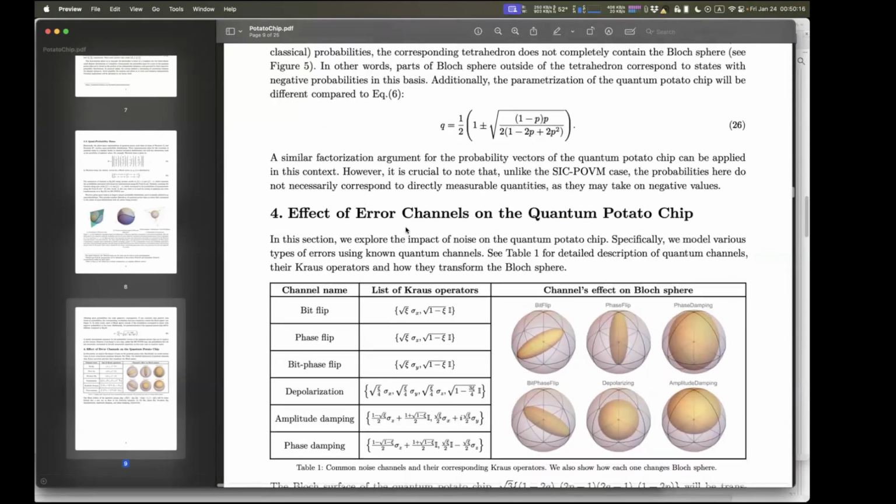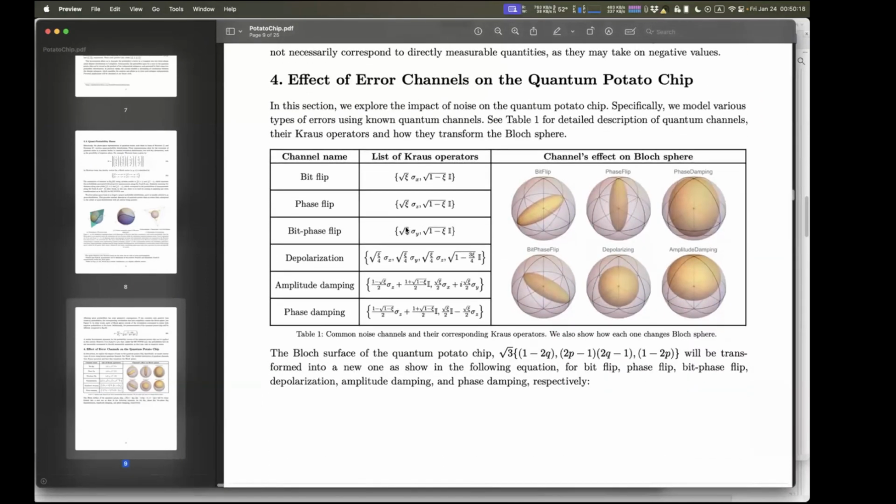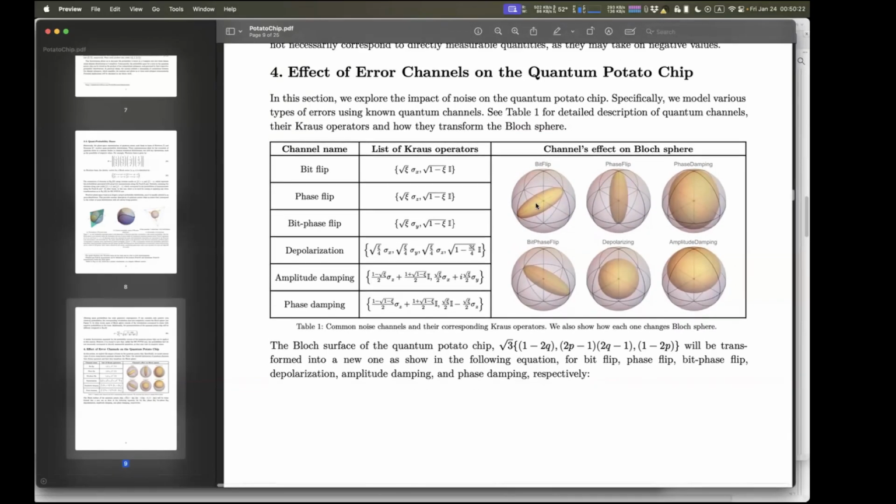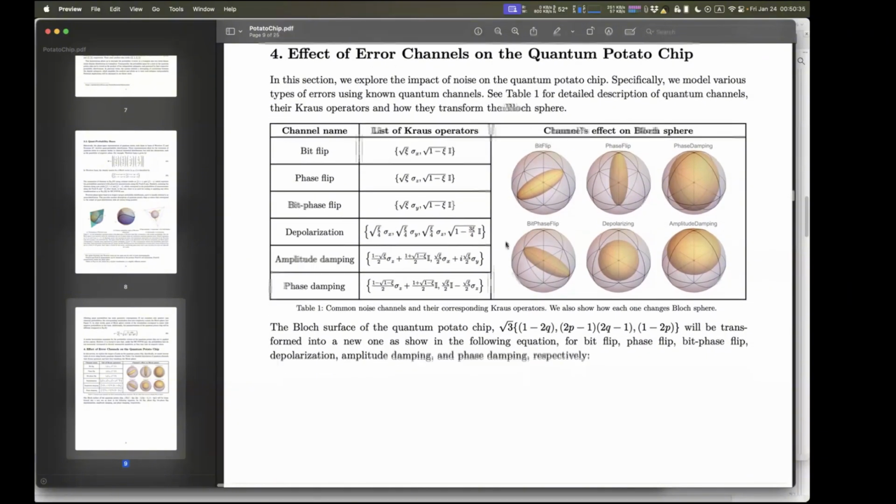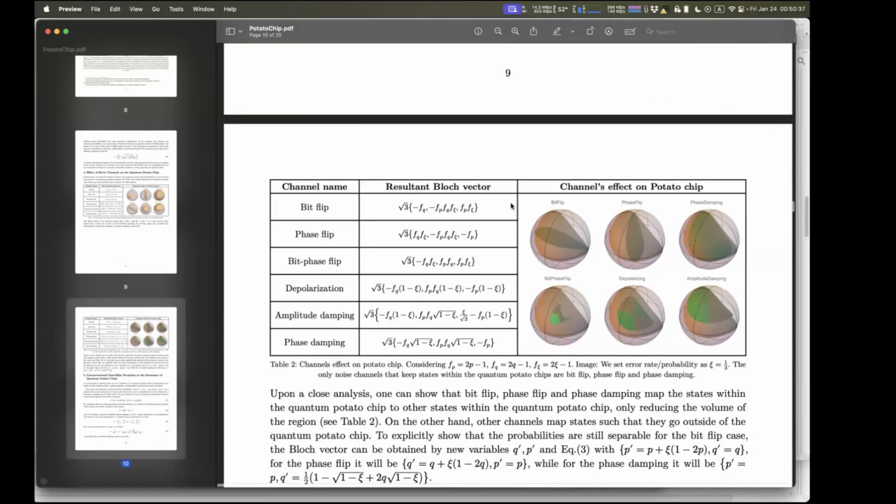We also studied how channels act on that phase space. This is the usual channel processes acting on the whole space of qubits, on the entire Bloch sphere, right? It just modifies it in some way, morphs it into a different shape. And if you apply it to the chip, the space where you assume that your phase space variables are independent, it also modifies it.